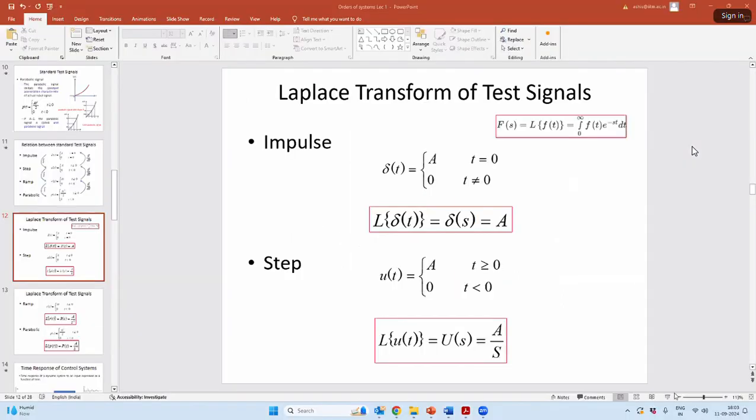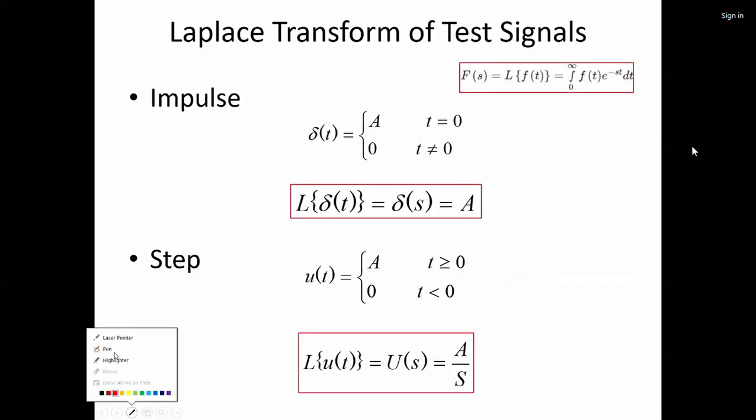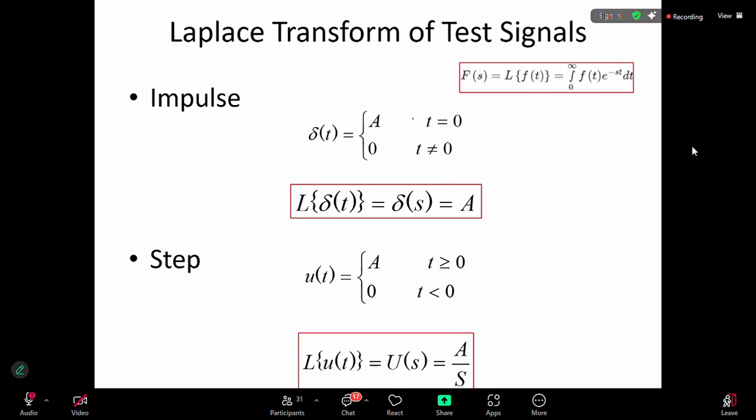So here we are talking about these signals. The first one is the impulse signal. Impulse signal is represented here. So you have the delta function, which is A only at time t equal to 0. And when time t is not 0, then the signal is basically 0.